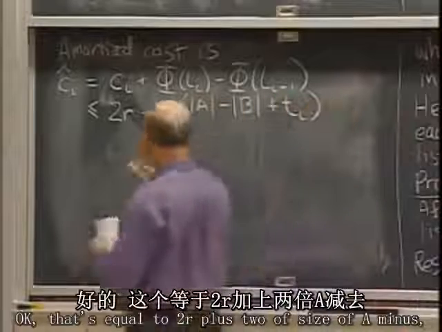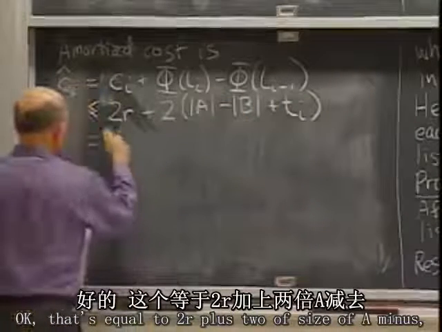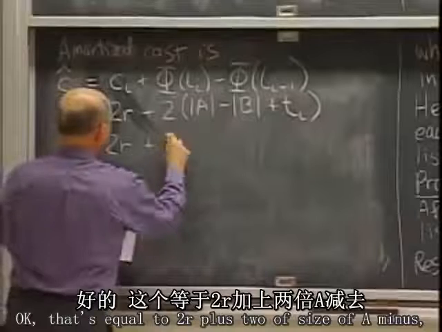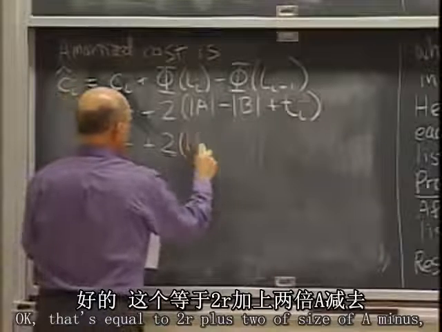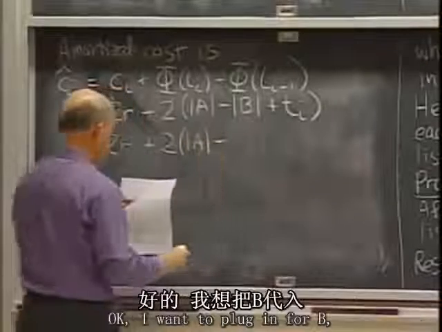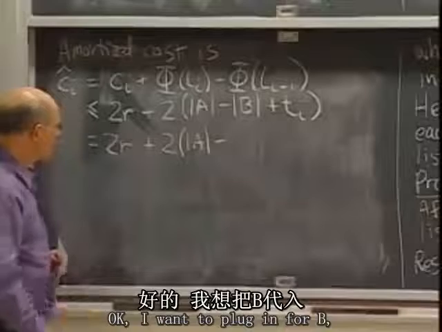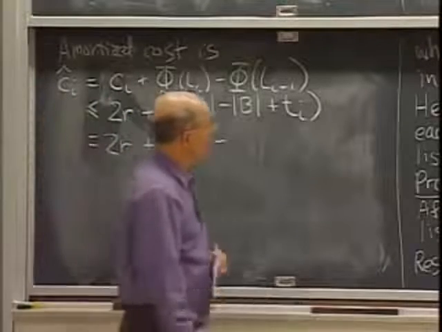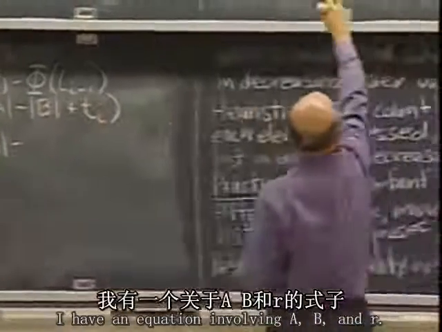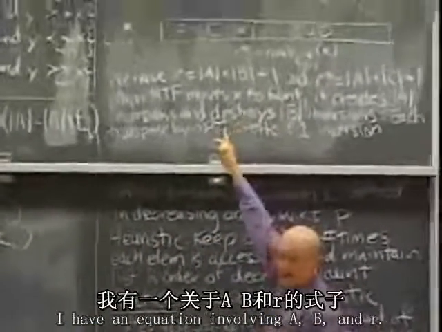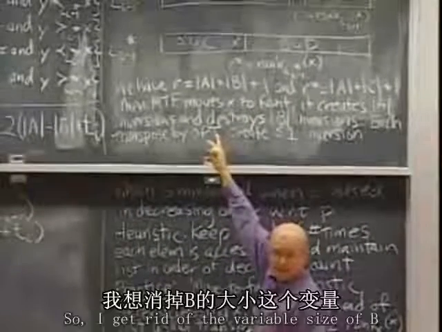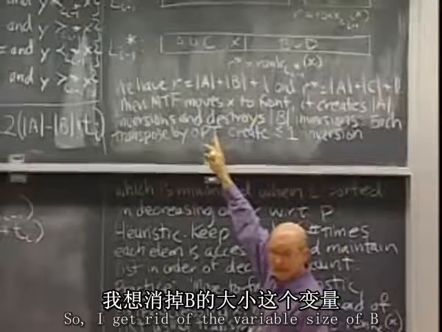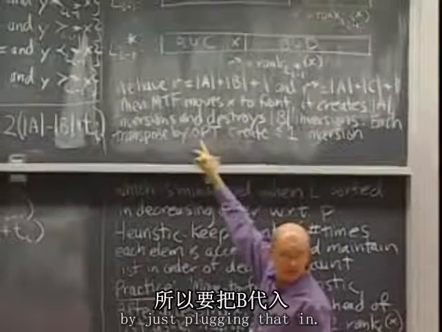That's equal to 2r plus 2 of size of A minus, okay, I want to plug in for B. And it turns out very nicely, I have an equation involving A, B, and R. So I get rid of the variable size of B by just plugging that in.